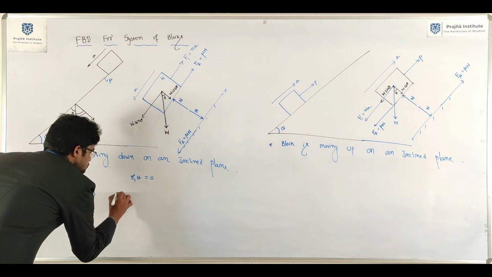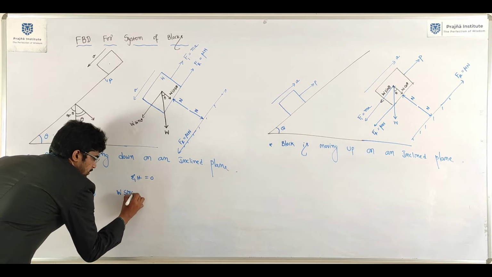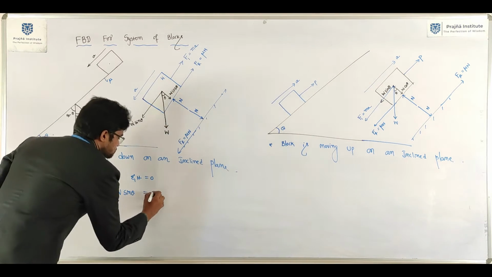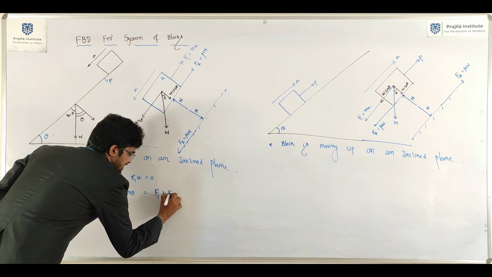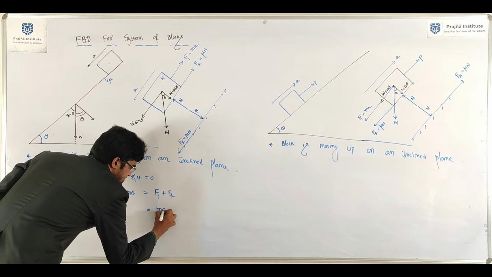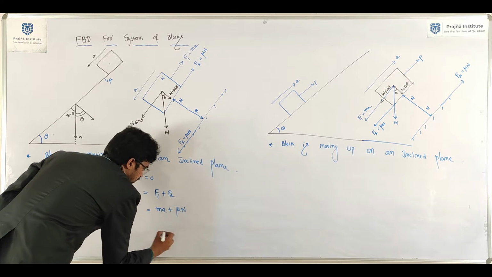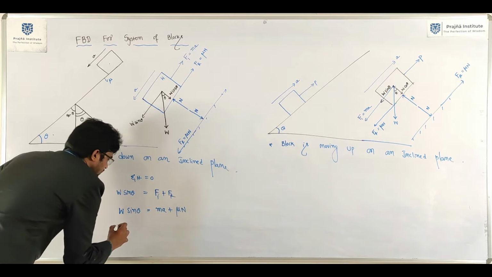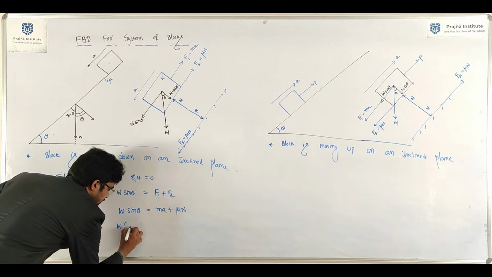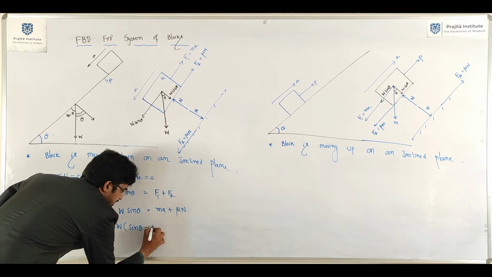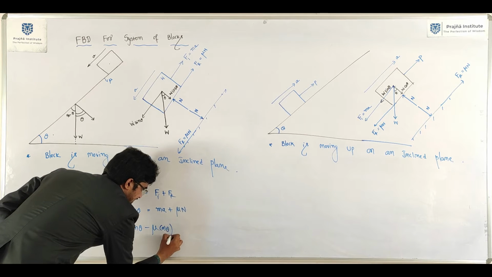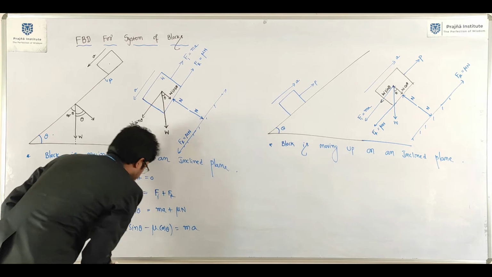Here W sin theta equals inertia force plus frictional resistance, that is mass into acceleration plus mu into N. So W into (sin theta minus mu cos theta) equals m into a.